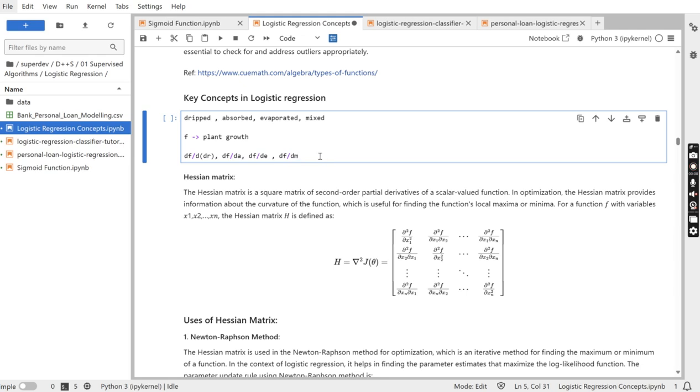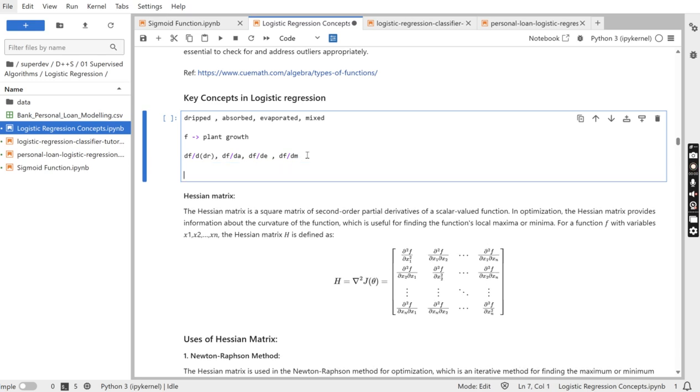This is how differentiation works. But pay attention now to what I'm going to say. This is the normal differentiation. Now what is partial differentiation?